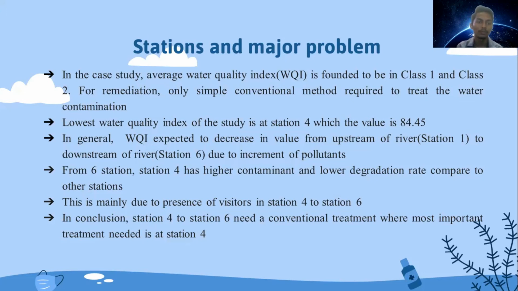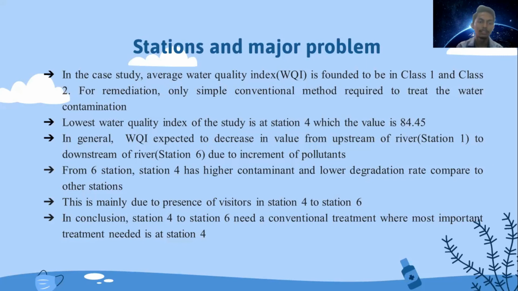The lowest water quality index of the study is at station 4, which has a value of 84.45. In general, the water quality index is expected to decrease in value from the upstream of the river, which is station 1, to the downstream of the river, which is station 6, due to the increment of pollutant.